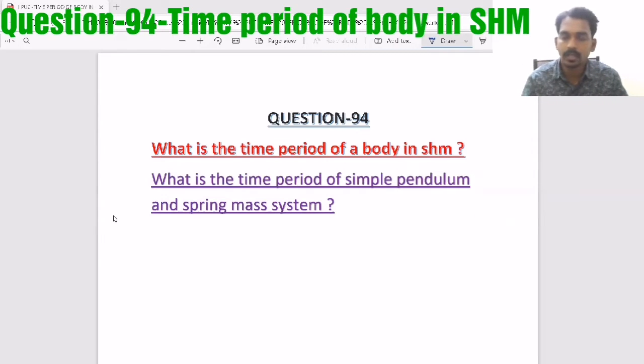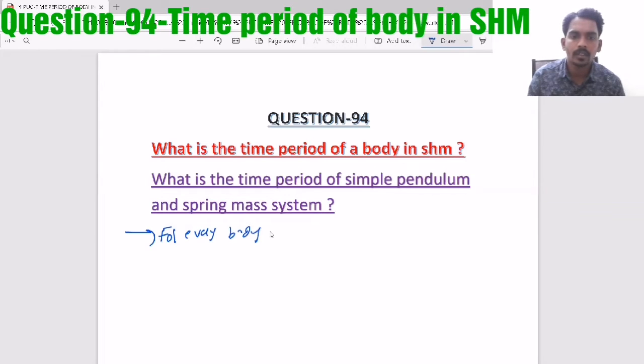Now we are going to study the time period of a body in SHM. How to find the time period? In general, for every body in SHM, there is a restoring force.